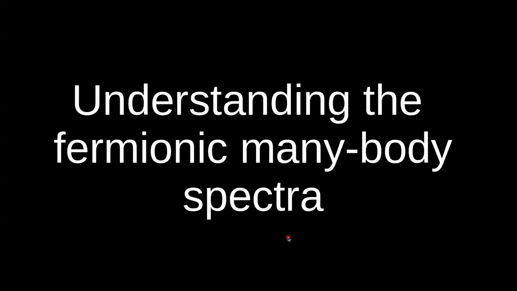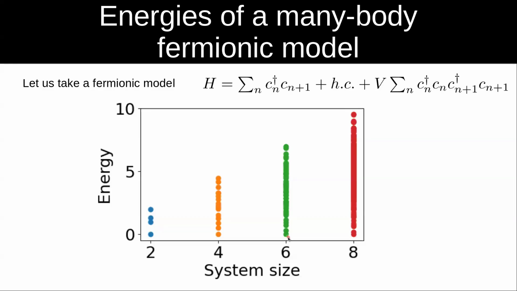Okay, let us now move on to look at a few simple fermionic many-body Hamiltonians. And in particular, we will see how we can understand phase transitions just by directly looking at the fermionic many-body spectra.